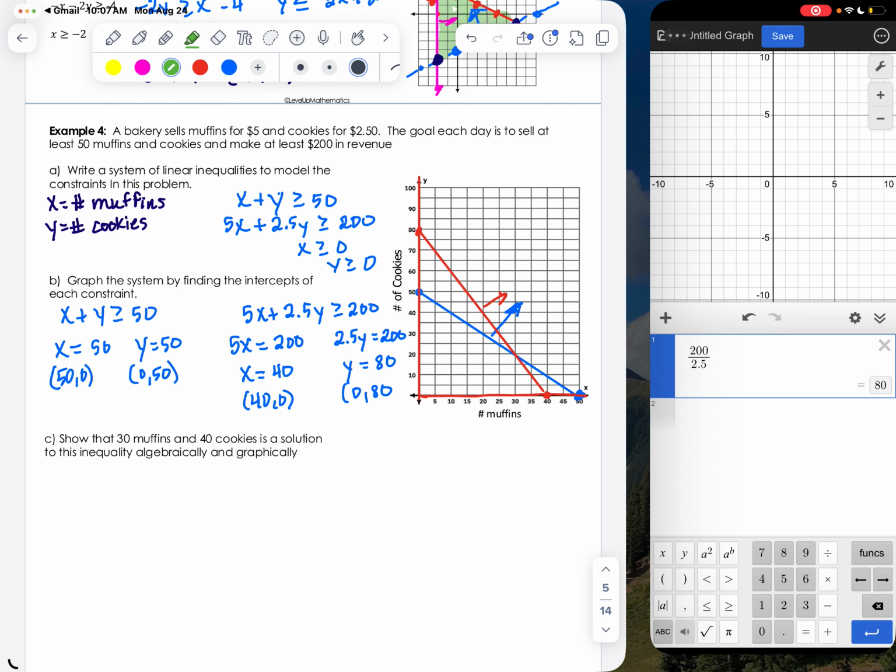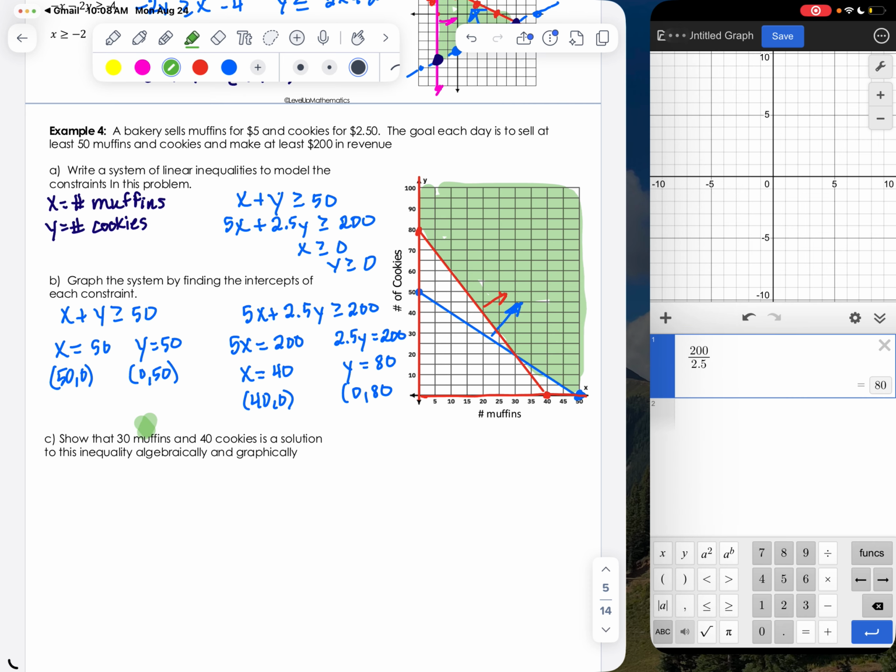So the commonly shaded area here is this region. So in this problem, we did not form a triangular region. It's a more open-ended region, continuing to infinity. Okay. In part C, it says show that 30 muffins and 40 cookies is a solution.